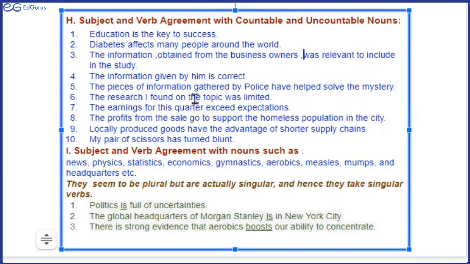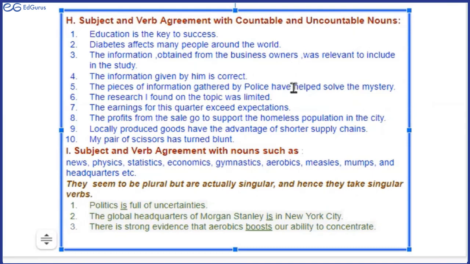The pieces of information gathered by police have helped solve the mystery. Now here we have used have, the plural verb. Why? Ma'am, because the pieces is countable. Right, the pieces is countable, that is plural. Information is uncountable, but the piece is countable.